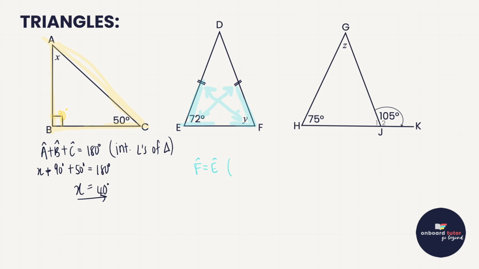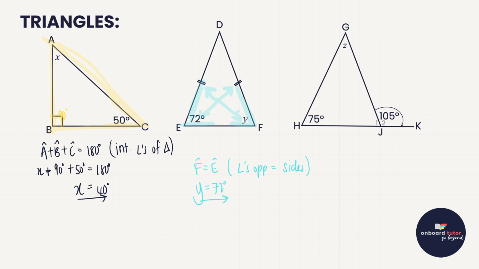The reason is angles opposite equal sides. So don't tell your teacher isosceles triangle, because even though it is an isosceles triangle, that's not the acceptable reason here. We need to say angles opposite equal sides. All right, so that means that Y is equal to 72 degrees.